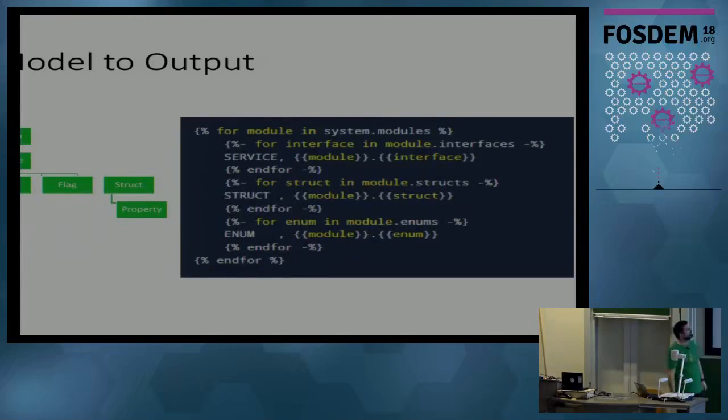This is a very trivial generator, but basically it looks for every module in the system, so we step down in the tree, and then for every interface in the module, we step one more step in the tree. We print out service module.interface, and then we continue for all the structures. We say structure, model, and so on. So it's quite easy to understand what you're doing, and all you're doing is traversing the model.